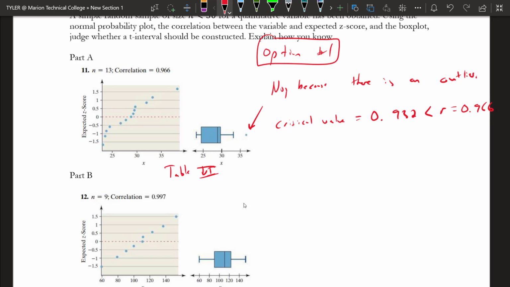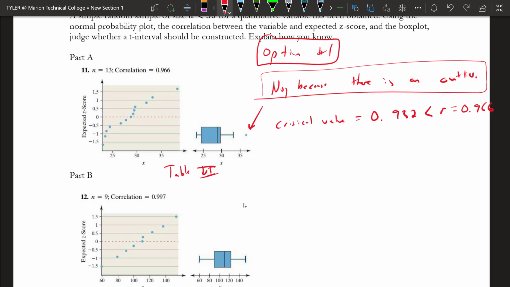So since my correlation, my r value, is bigger than the critical value, then it looks like the population might be normally distributed, right? We could conclude that. But remember, there are the 2 conditions for normality for the t distribution. So we didn't need to do that, but I was just doing that for practice, right?